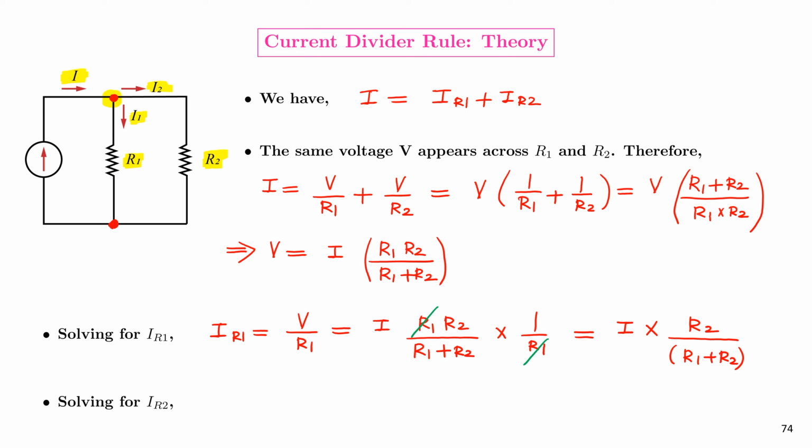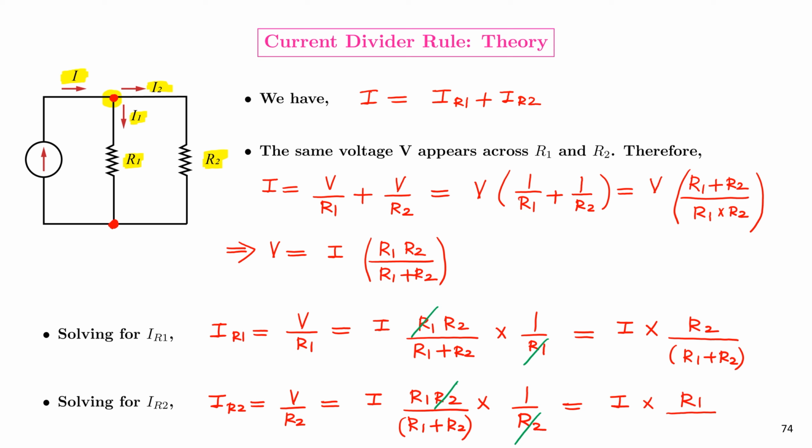We will now solve for IR2, which is equal to V divided by R2, and that is equal to I multiplied by R1 R2 divided by R1 plus R2, multiplied by 1 over R2. The R2s get cancelled, resulting in IR2 as equal to I multiplied by resistance in the other branch, that is R1, divided by R1 plus R2. So this is how we frame the current divider rule.